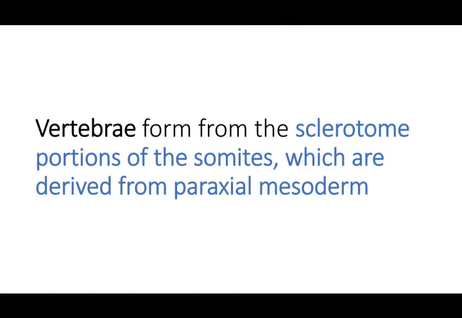The dorsolateral part of the paraxial mesoderm is going to spread out and form the sclerotome. The vertebra is formed from the sclerotome portions of the somites, which are derived from the paraxial mesoderm.